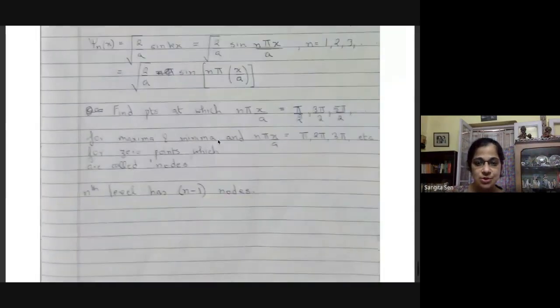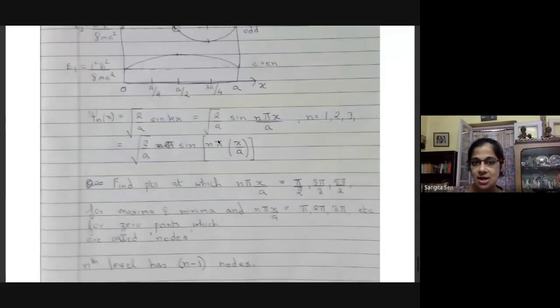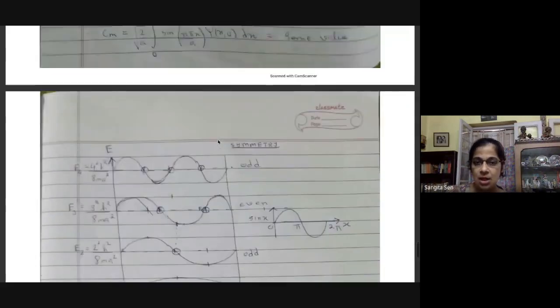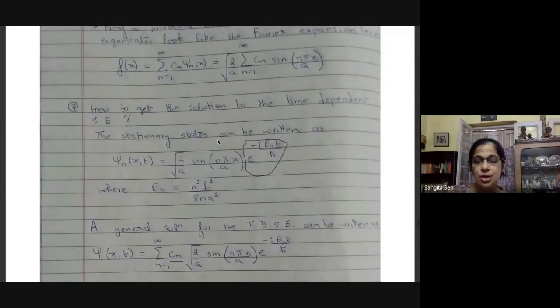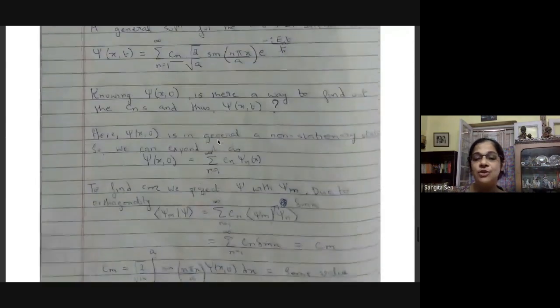So that is it for the class today. Next class, we will talk about how to do this for a particle which can move in 2 dimensions, let's say x and y. And also if instead of an infinite square well, we have a finite square well.